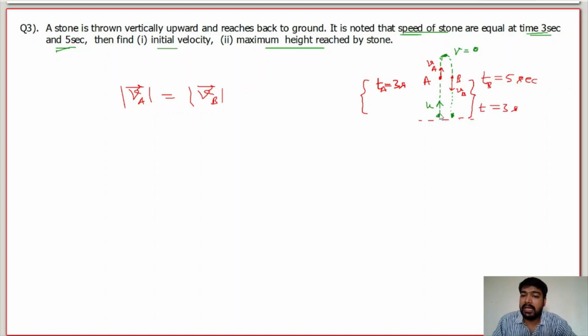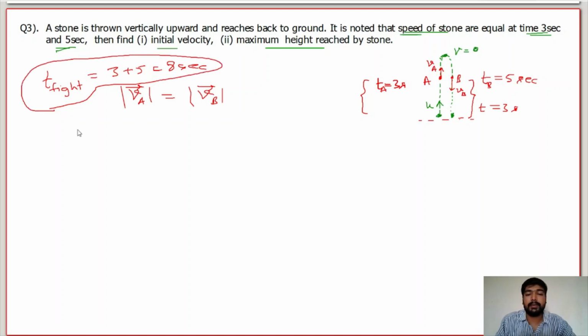That means the body from the ground to point B takes 5 seconds, and further it will take 3 seconds to reach the ground. By this we know the total time of flight: 3 plus 5 equals 8. This is the time of flight.